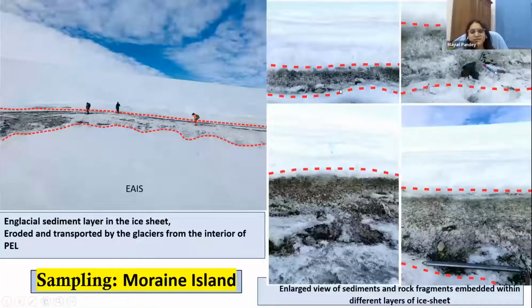Those were the sediment samples which were embedded between the two ice sheets. If you see here, these are the embedded moraines. So these are basically end morainal type of sediments. All of them are end morainal type of sediments, but collected from three different settings. Now I'll tell you the significance of it.